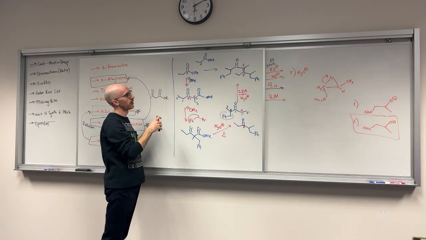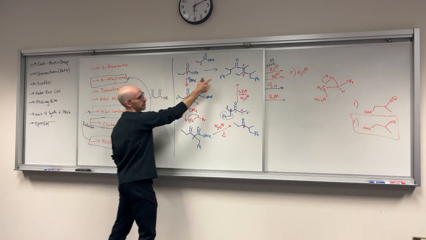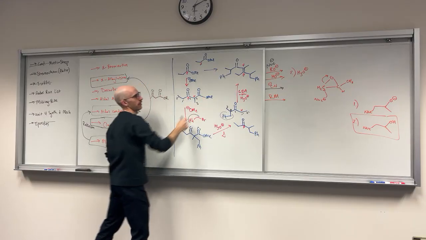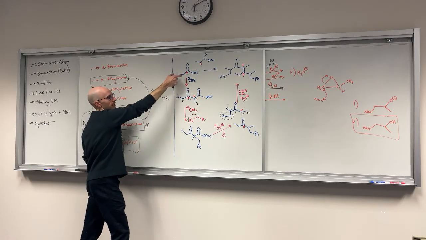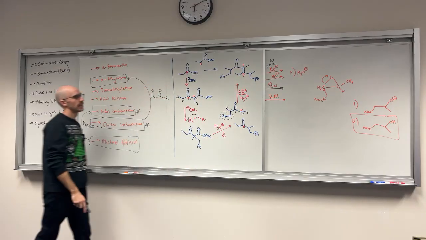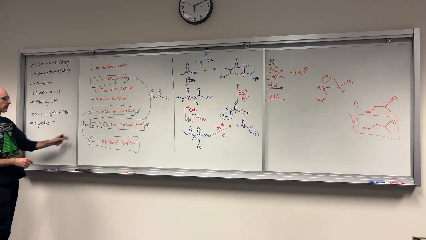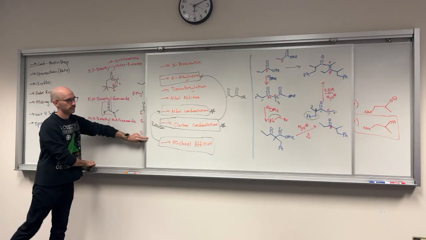And what I did was I had this original carbon chain of the ester mapped here, but actually this original part of the ester maps onto the other side. That was a tricky part of that synthesis. If I maybe had written it down first, it would have been easier.